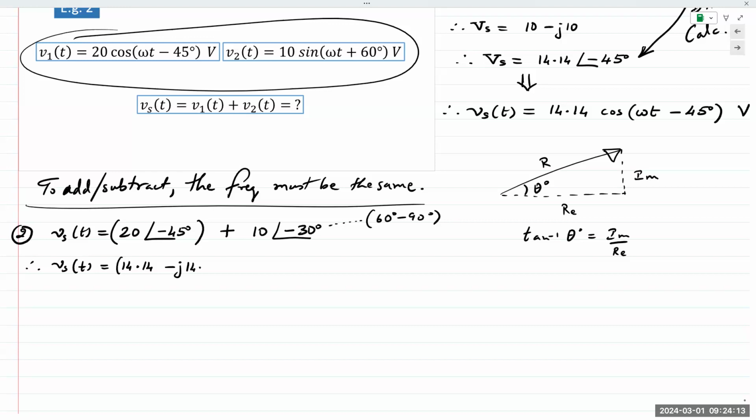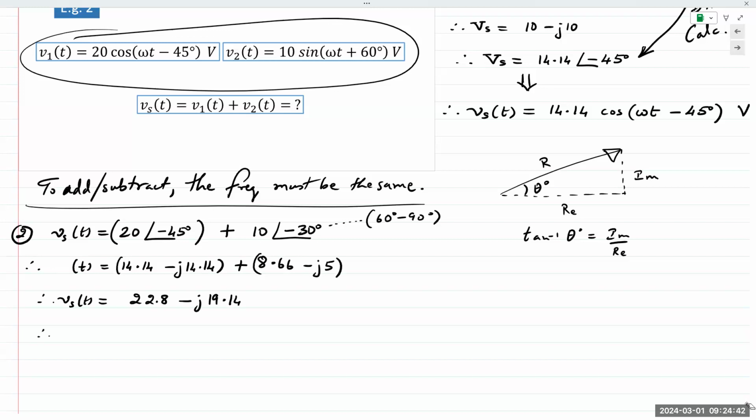14.14 plus 8.66 minus J5. And then the sum of the real components comes out to be 22.8, and the sum of the imaginary components comes out to be 19.14.